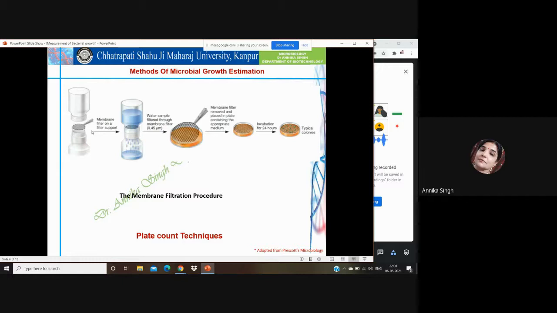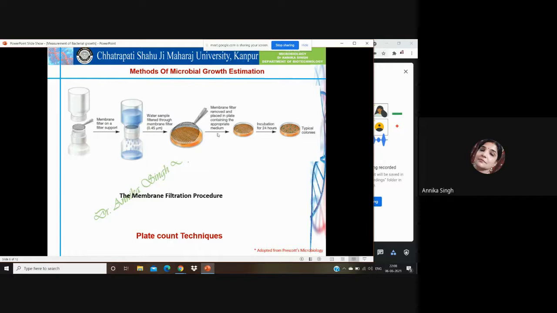When the water sample is filtered through the membrane filter, the filter retains a number of viable cells, and this membrane is then placed.